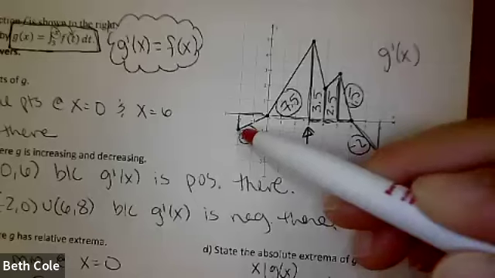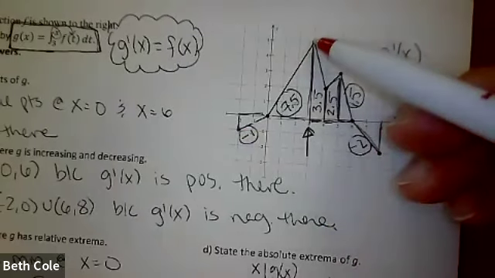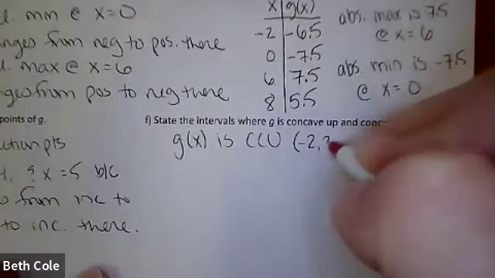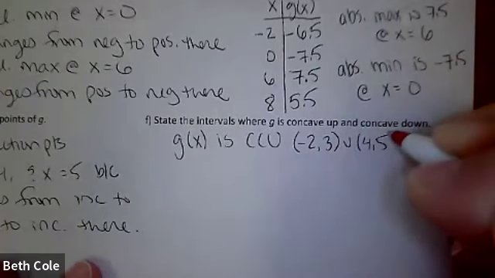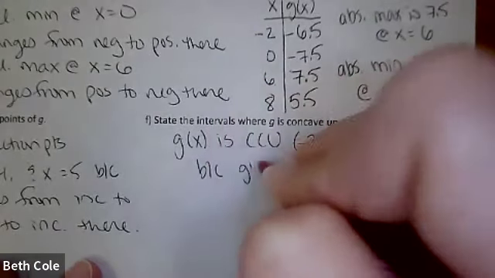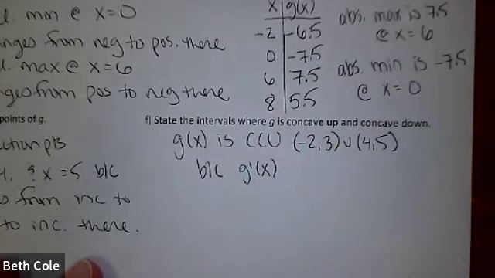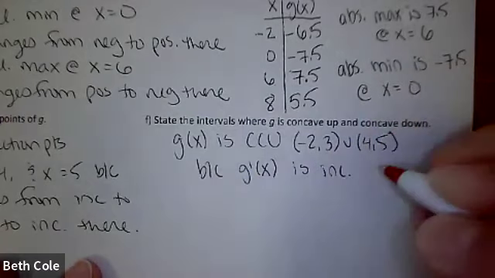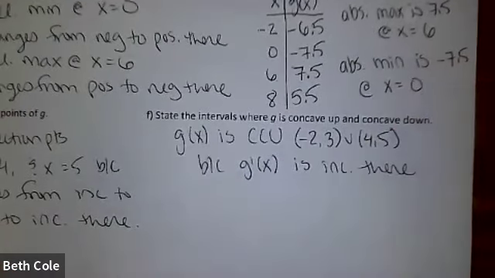From where to where? -2 to 3, union 4 to 5. Good. -2 to 3, union 4 to 5. Because, no, g prime is increasing there. Oh, now if you say the graph of g prime, then you're fine.